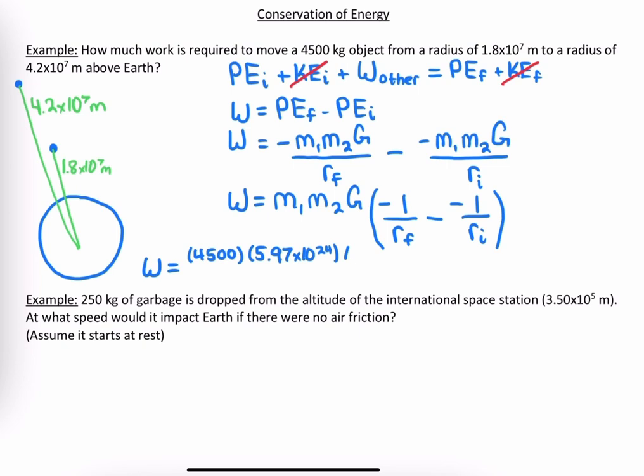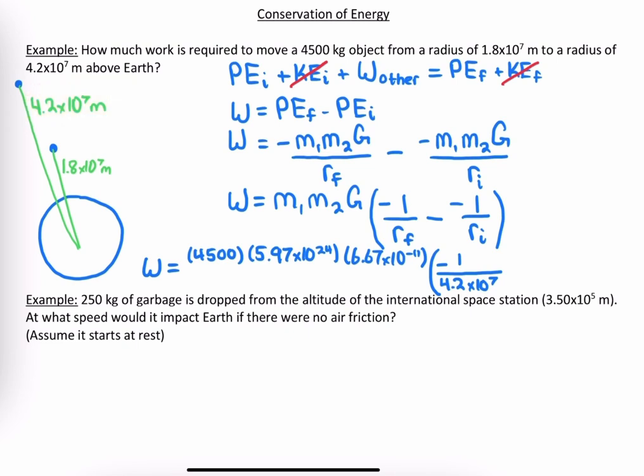Big G, 6.67 times 10 to the negative 11. And then I have negative 1 over r final, 4.2 times 10 to the 7. I got that from up here.